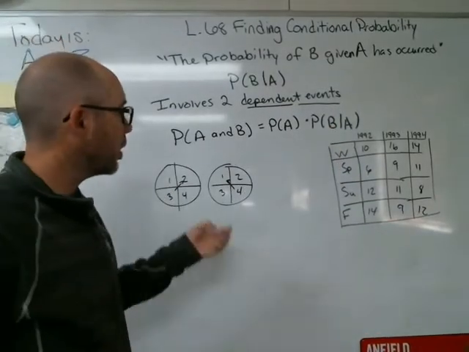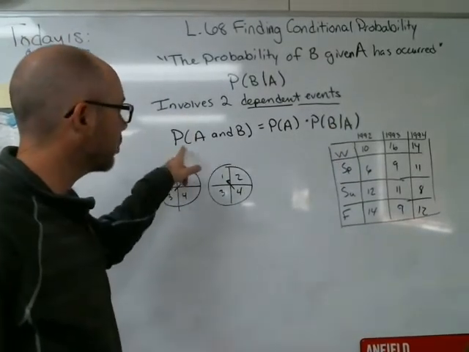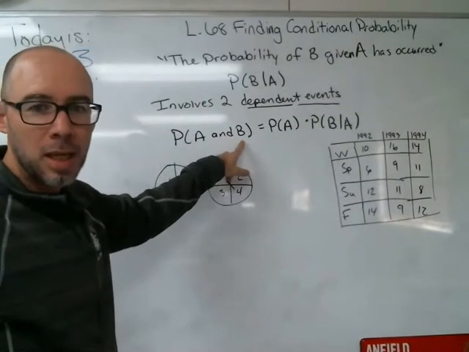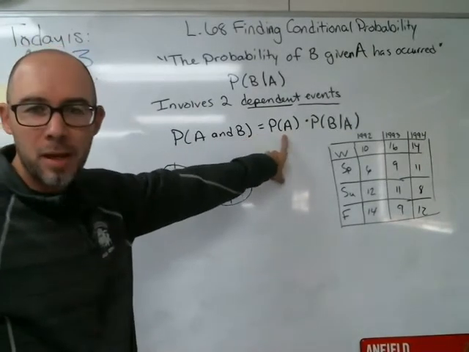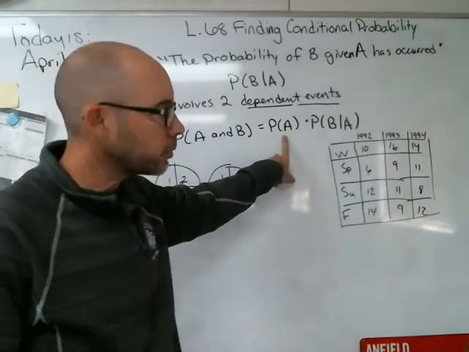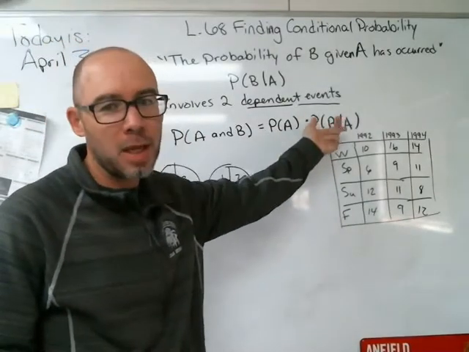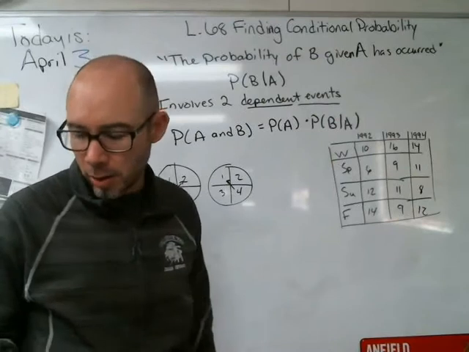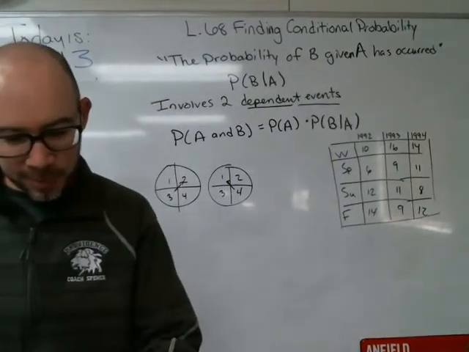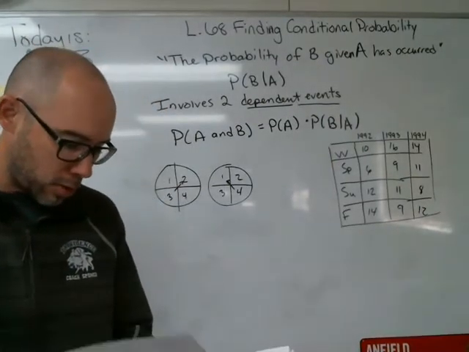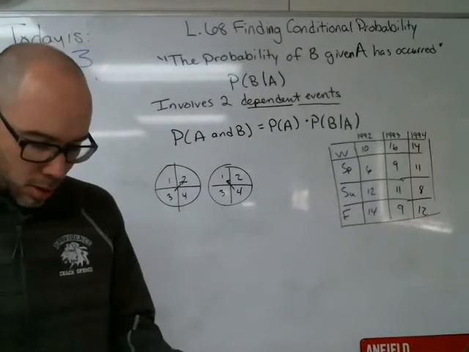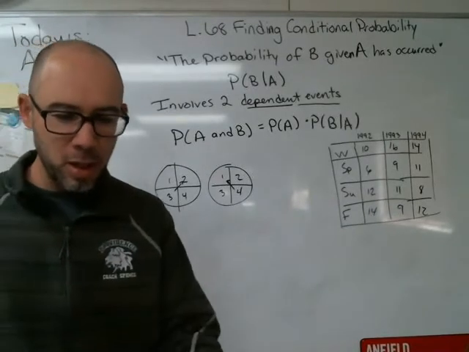So in conditional probabilities, you want to find the probability of A and B happening. You find the probability of A, just like normal, and then you're going to find the probability of B given that A occurred. You need an example. So let's go to spinning the spinner.